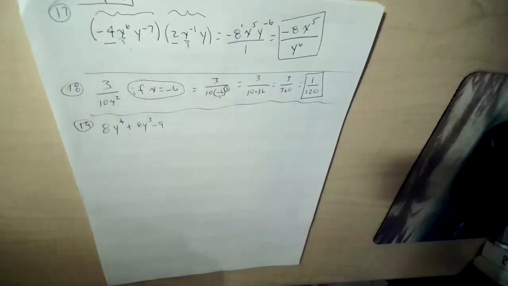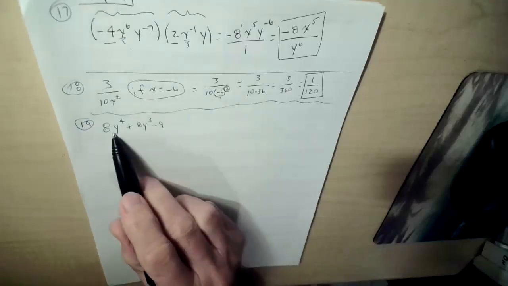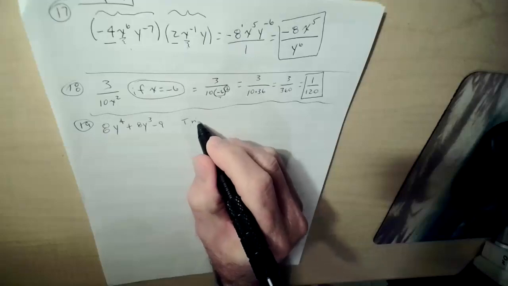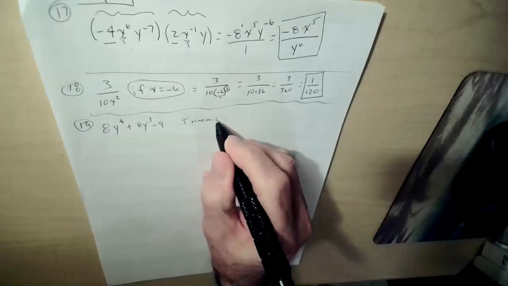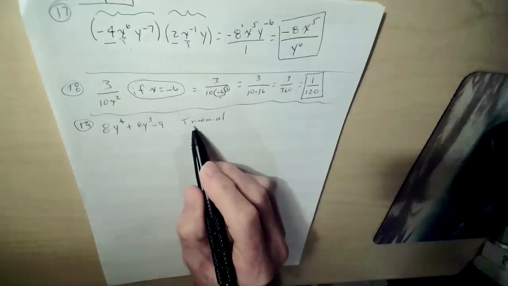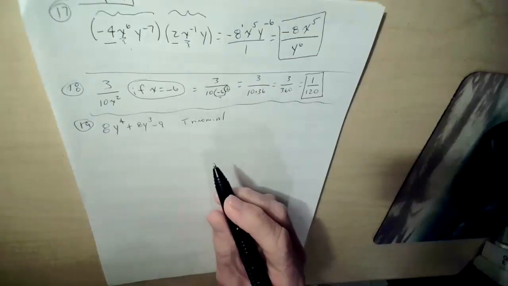Now they're asking you to find the degree of the term, and like that. And what kind of number is this? This is a trinomial, because there's 3 terms. Tri meaning 3, nomial meaning terms.